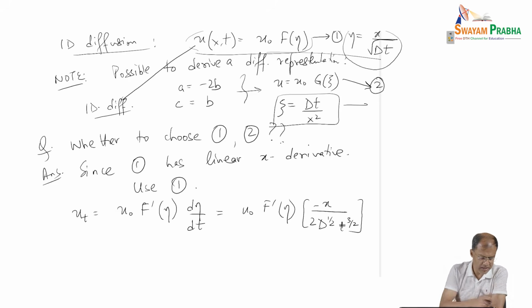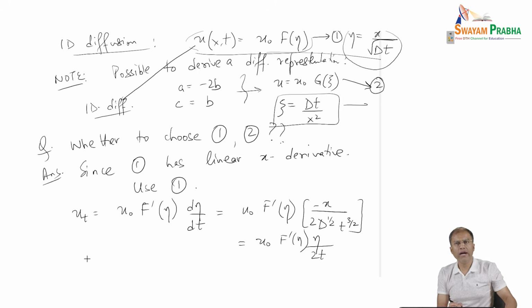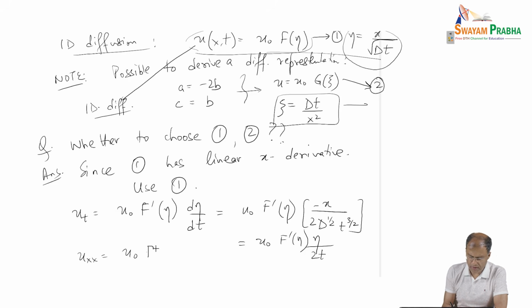Right? And we see that this is also equal to u naught f prime eta times eta over 2t. Similarly, if we were to find what is uxx, so uxx comes out to be u naught times f double prime eta times 1 over dt, right?